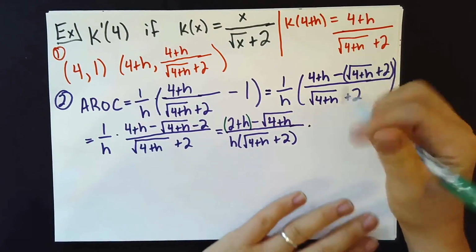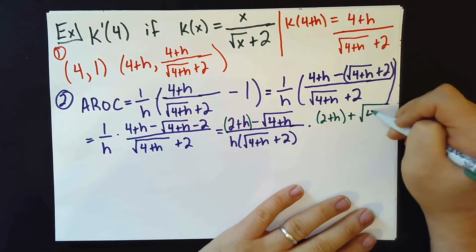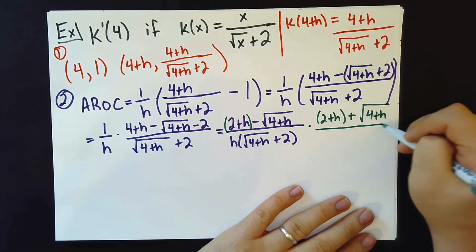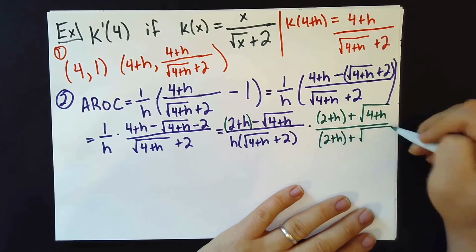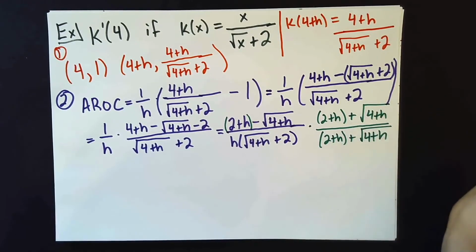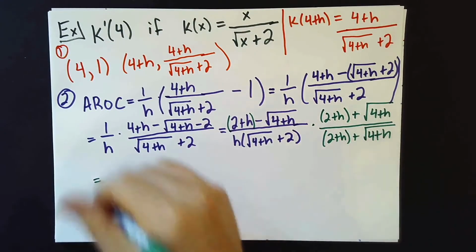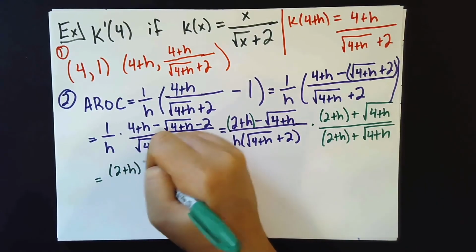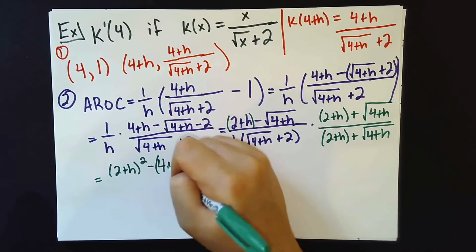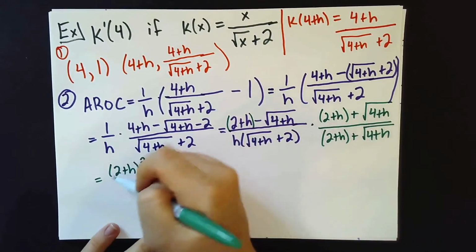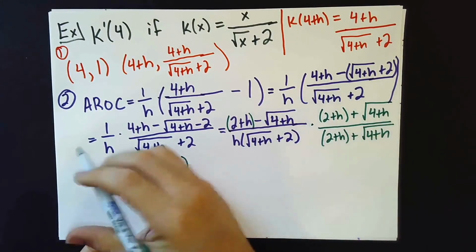So the thing I want to multiply by is 2 plus h plus the square root of 4 plus h, divided by that same thing. When I do this, I'm going to get 2 plus h squared minus 4 plus h, all divided by h times this horrible mess.